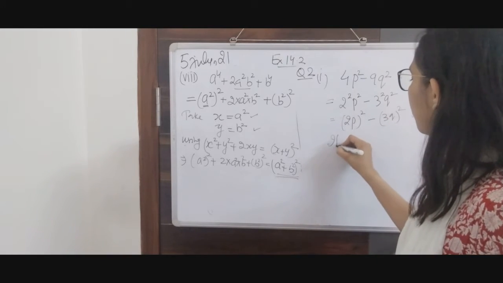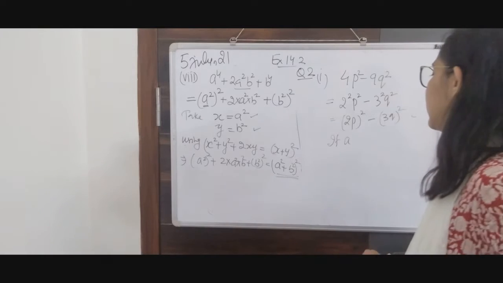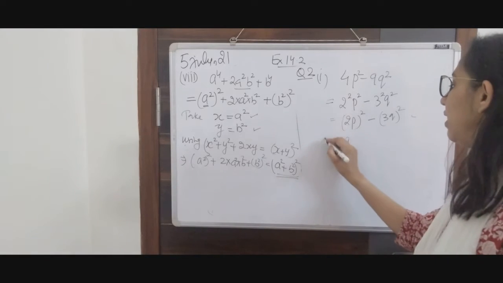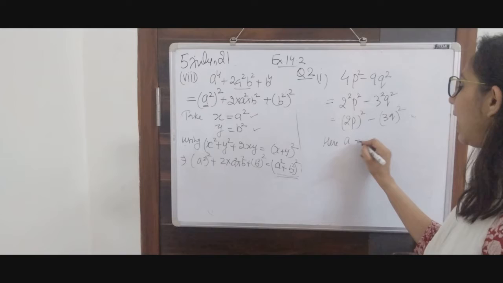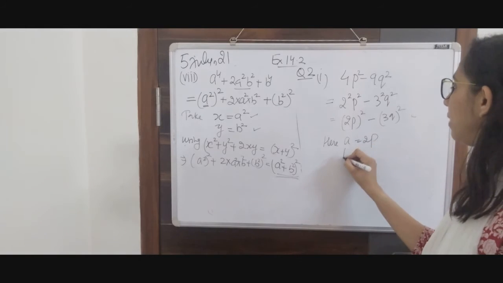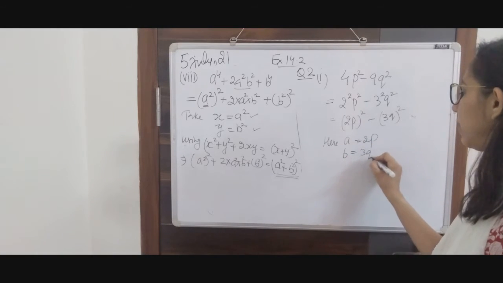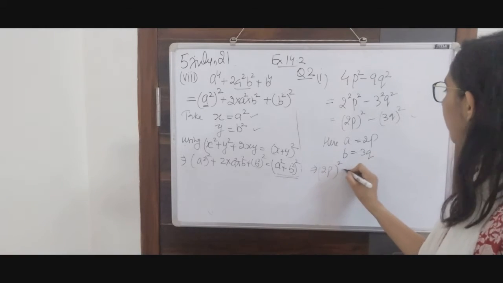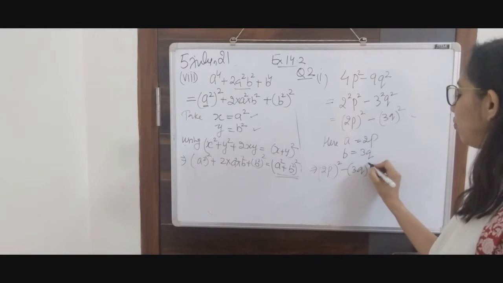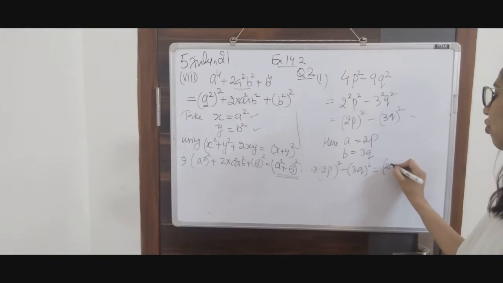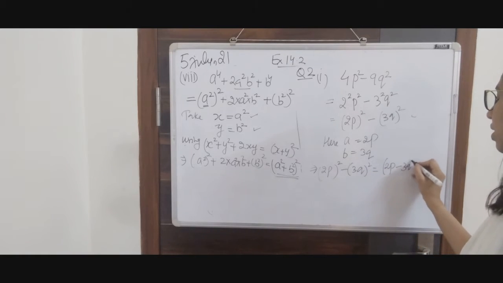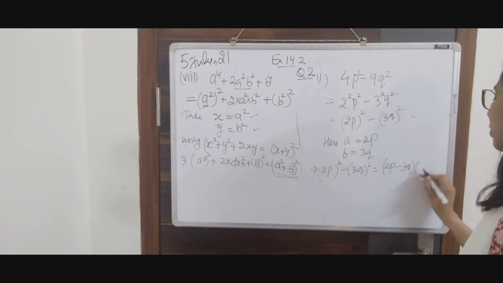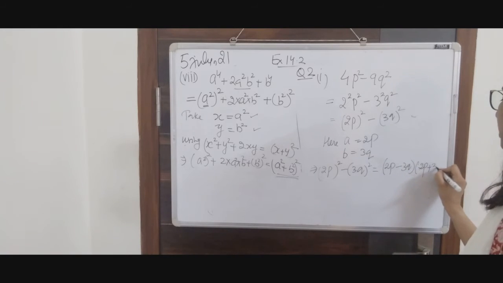Now if you take a as 2p and b as 3q, implies here (2p)² minus (3q)² is equal to (2p minus 3q) multiplied with (2p plus 3q).